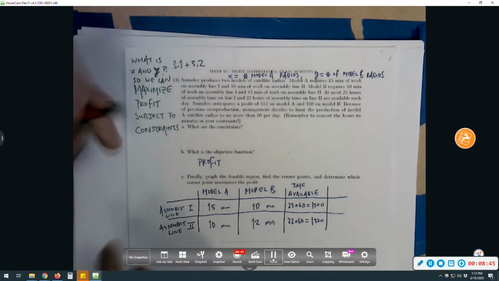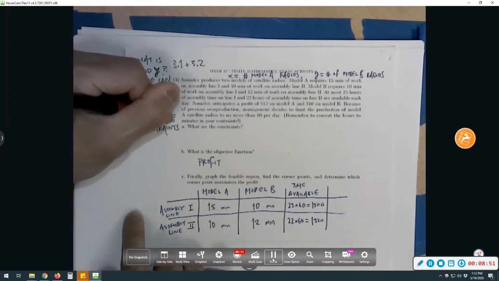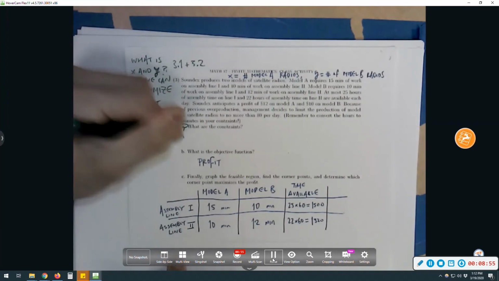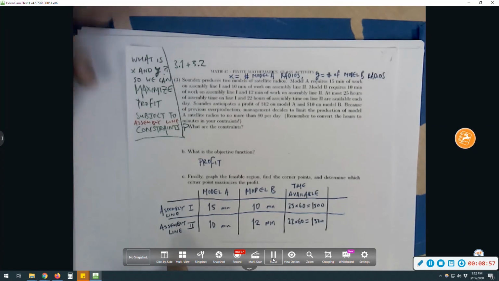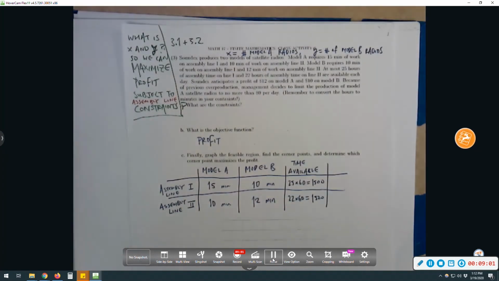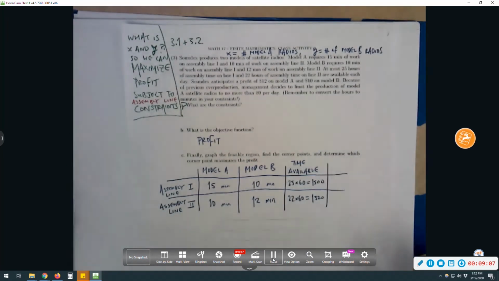I'll write that in red, assembly line constraints. So this is the question here: what is x and y so we can maximize profit subject to the assembly line constraints? And there's also some other constraints as well.